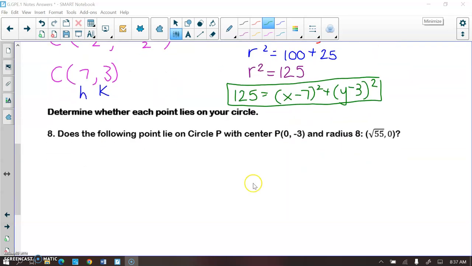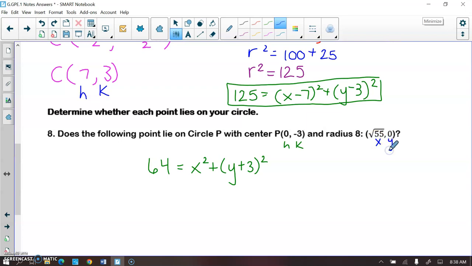So number 8 says, does the following point lie on circle P with this as the center and this as the radius? So I'm going to have you write the equation with the center and the radius right now by pausing the video, and then we'll go from there. All right, this is the equation of the circle. To find out if this point lies on the circle, we're going to put this number in for x and this number in for y, and we're going to see if it's a true statement.